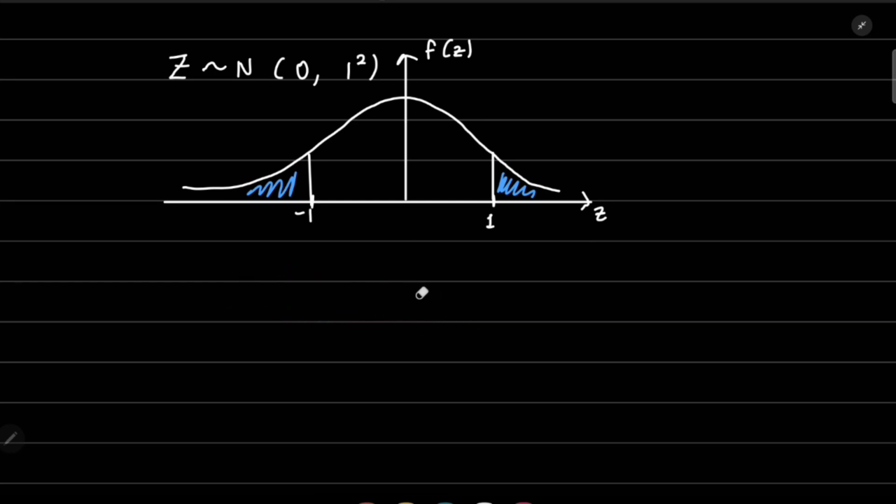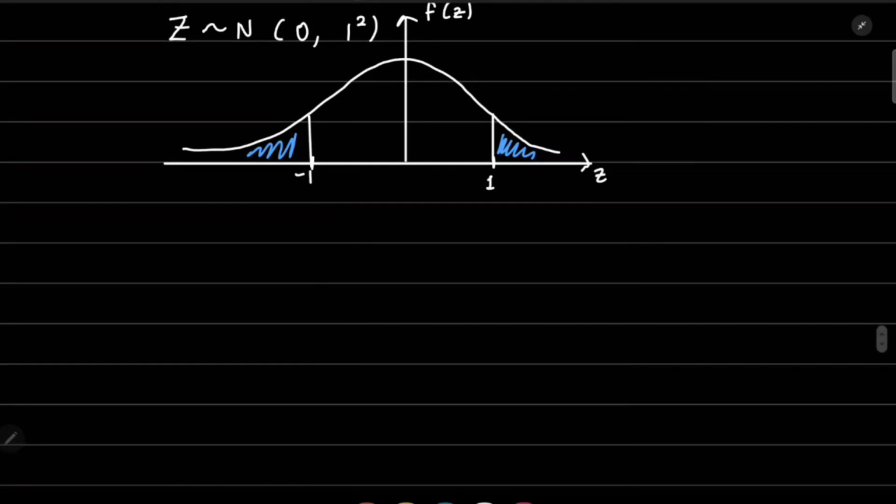So this is one of the mathematical properties of a normal distribution. This is the property of the standard normal distribution. So the property is that the probability of z greater than alpha is equal to the probability of z less than minus alpha, and the opposite is also true.